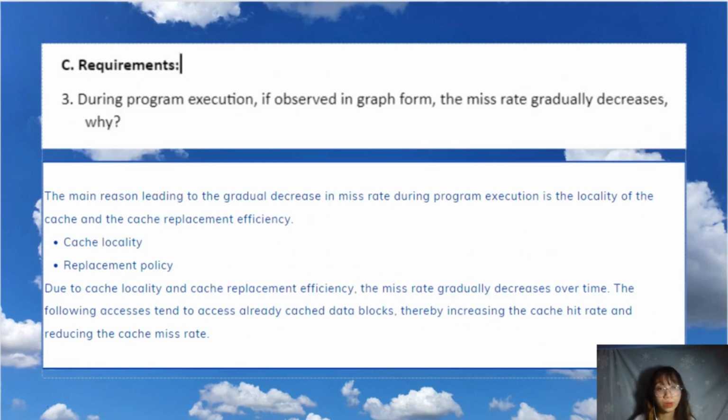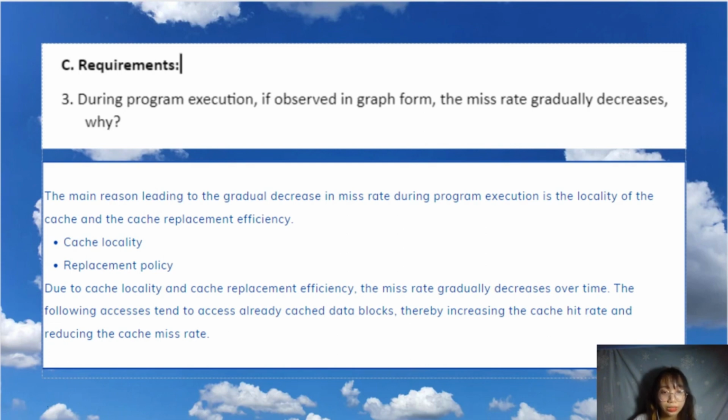During the program execution, if observed in graph form, the miss rate gradually decreases. Why? So it's true that the miss rate gradually decreases, and the main reason leading to the gradual decrease in the miss rate during program execution is the locality of the cache and the cache replacement efficiency.